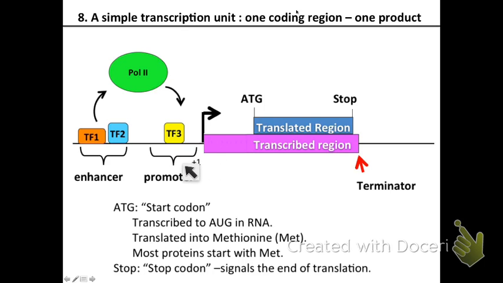This gene is going to contain promoter sequences that are bound by transcription factors that are important to recruit RNA polymerase II for transcription. It's also going to have some enhancer elements, which are DNA sequences bound by transcription factors, again, that regulate RNA polymerase II binding to the promoter of the gene and the transcription. So this is a simple transcription unit.